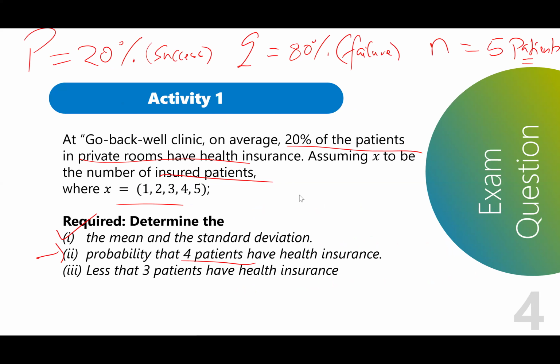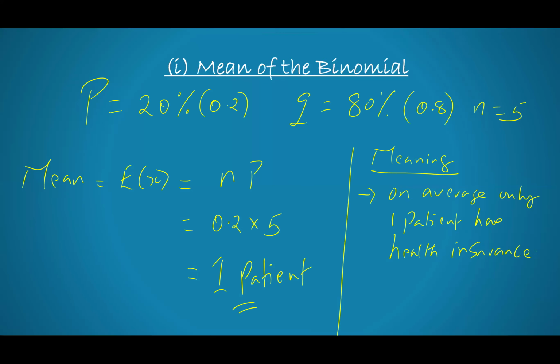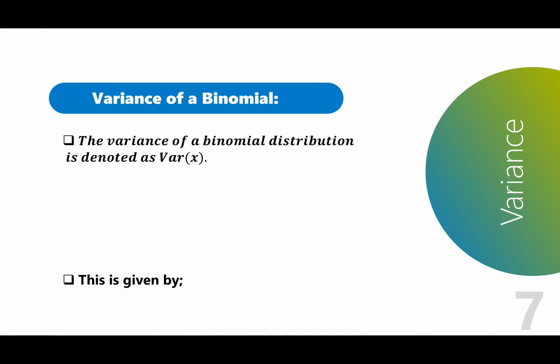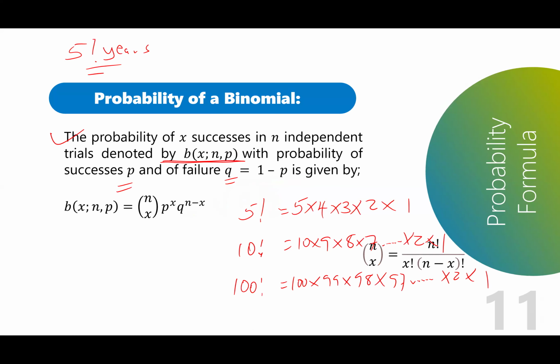We need the probability that X is equal to 4. 4 patients have health insurance. Probability X is equal to 4.